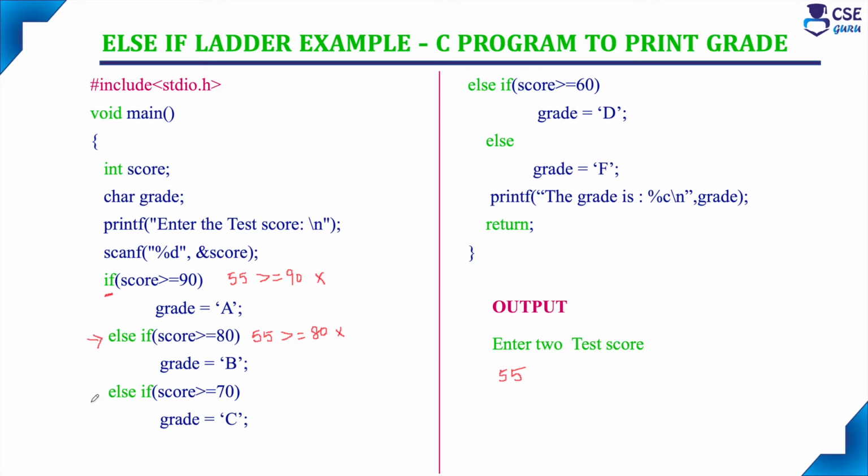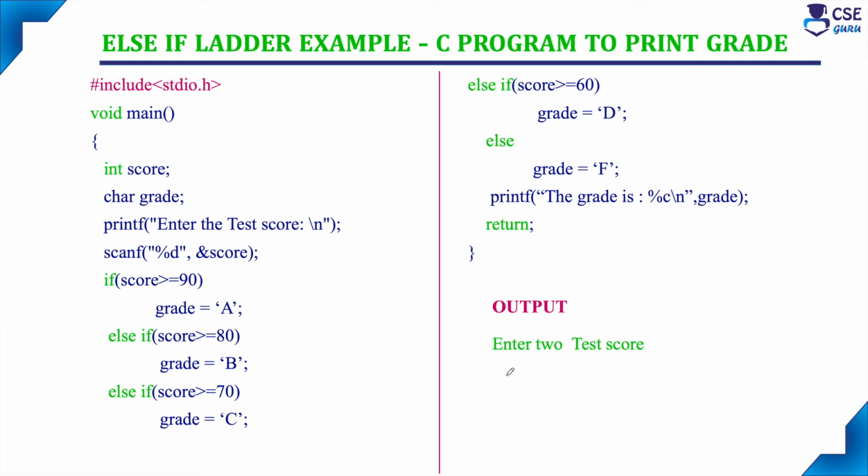Condition fails. Next control will transfer to next else if part. So here it will check 55 is greater than or equal to 70. This condition also fails. Next control will transfer to next else if part, and here it will check whether 55 is greater than or equal to 60. This condition also fails. So now if you are checking, the if condition fails and all the else if conditions also failed. So automatically it will go to else part and assign grade is F, and it will print the grade is F.